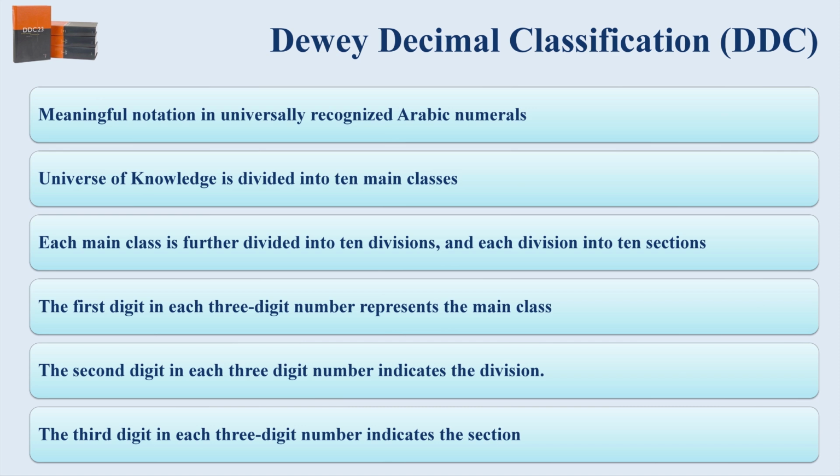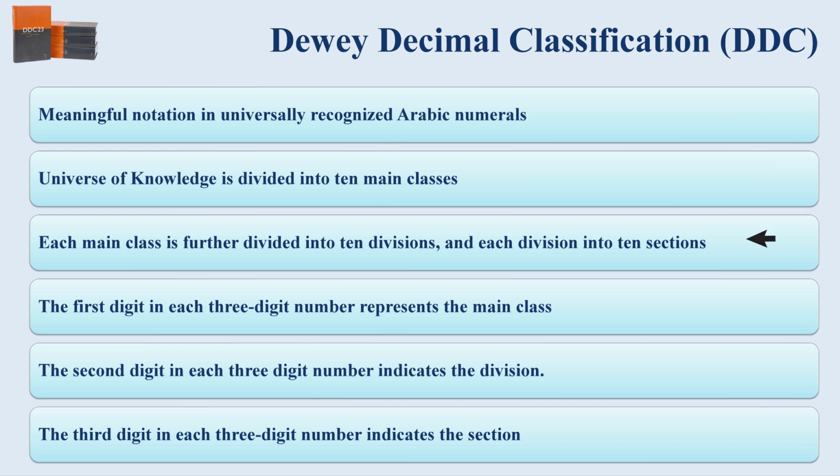Each main class is recorded with Arabic numerals, the universally popular Arabic numerals, and there will be at least a 3-digit class number. The first digit represents the main class. The second is for the division.